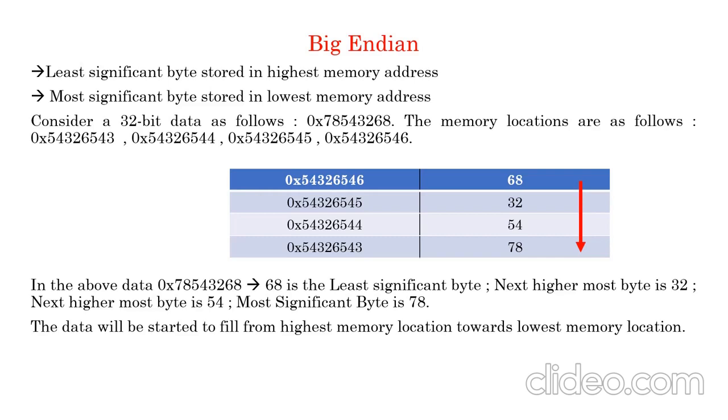And finally 78 will be stored in location 43. So the values will be filled in descending order, from the highest memory location to the lowest memory location. These are the two ways by which data can be stored in a memory location.